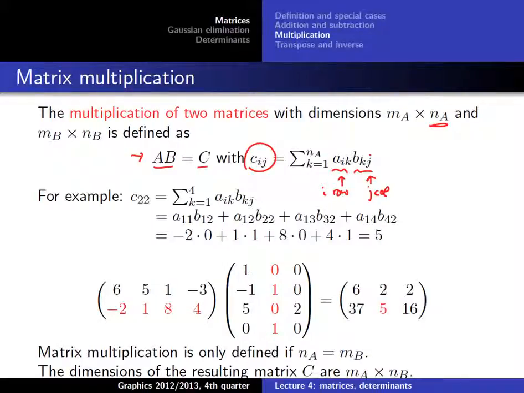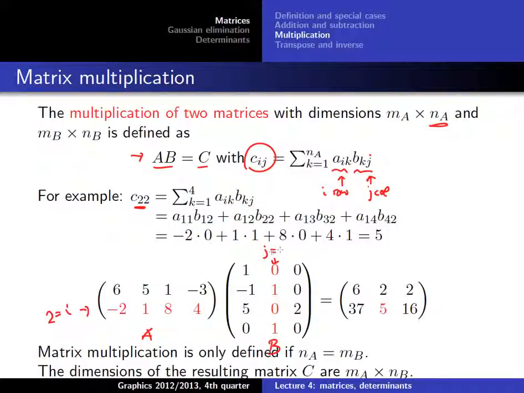This is our matrix A. This is our matrix B. And then for C_ij, we look for A in the ith row. So here i equals 2, because we want to calculate C22. For B, we look in the jth column.